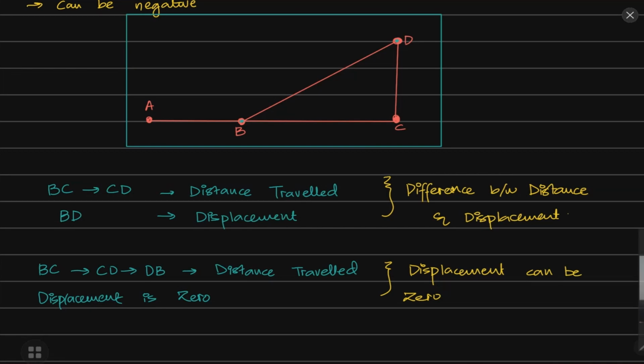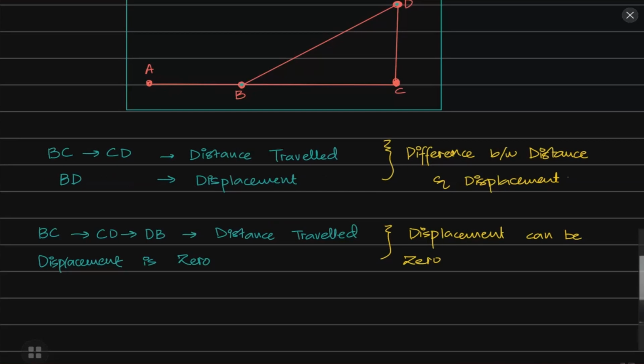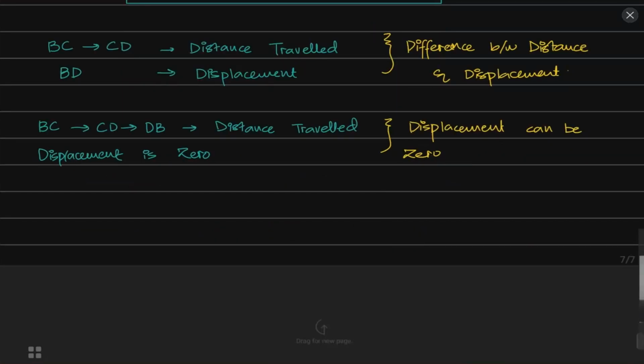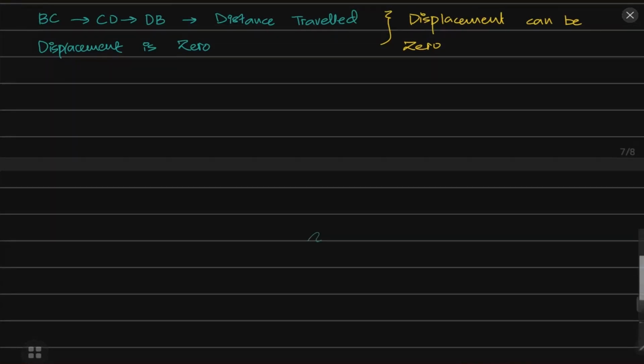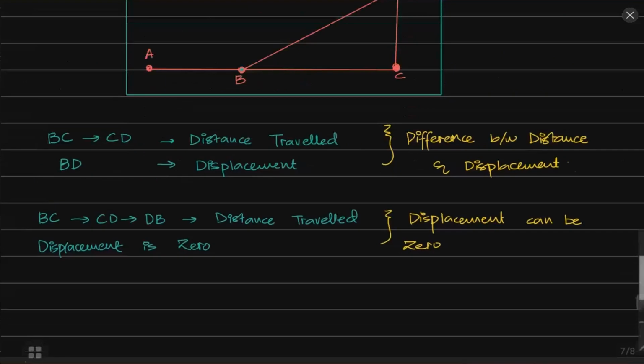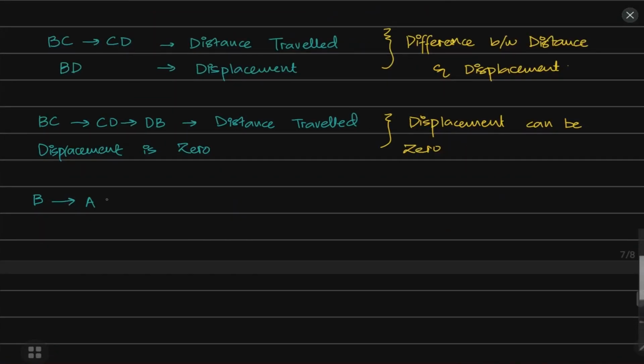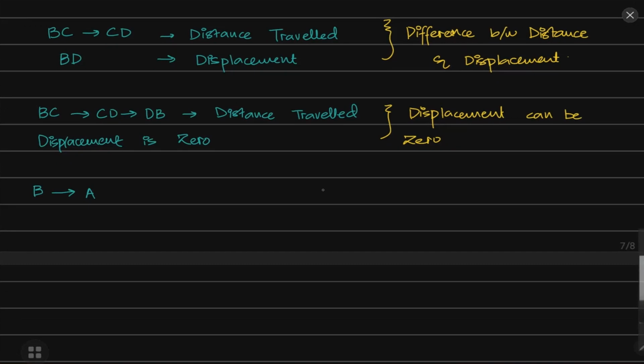Let's talk about another case where the displacement can also be negative. So let's suppose I'm at point B. From B, I'm traveling to point A. Now, before we get into that, there's one thing that I'd want you to know.